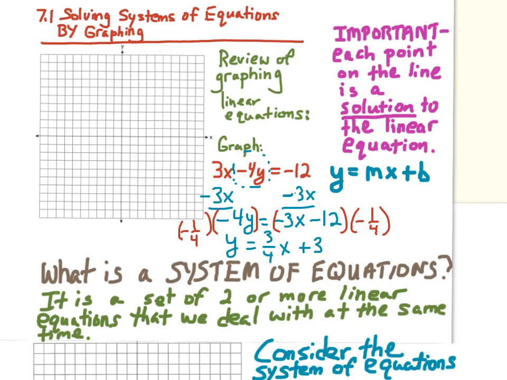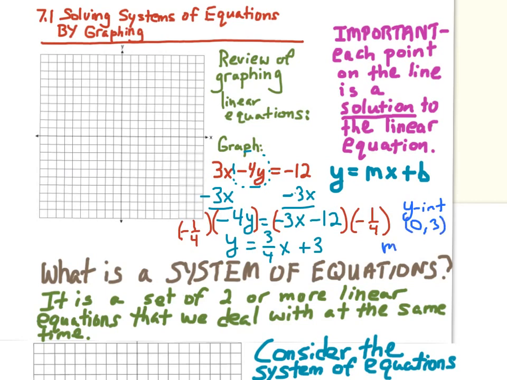Now I'm going to graph this. Remember, my y-intercept is this (0, 3) right here. That's the first thing I'm going to graph, because when x equals 0, y equals 3 in that equation.